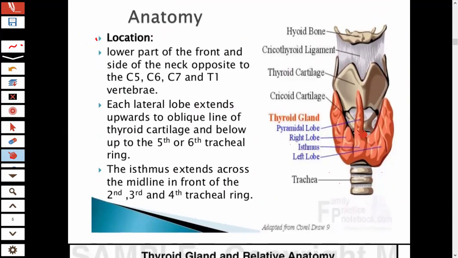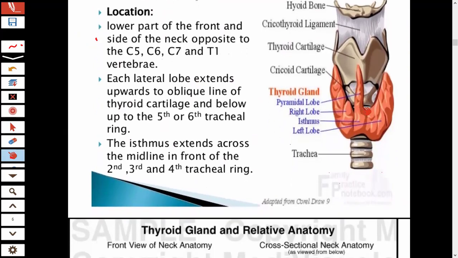Now this pyramidal lobe also has one important significance. So they can ask you how this pyramidal lobe is formed.